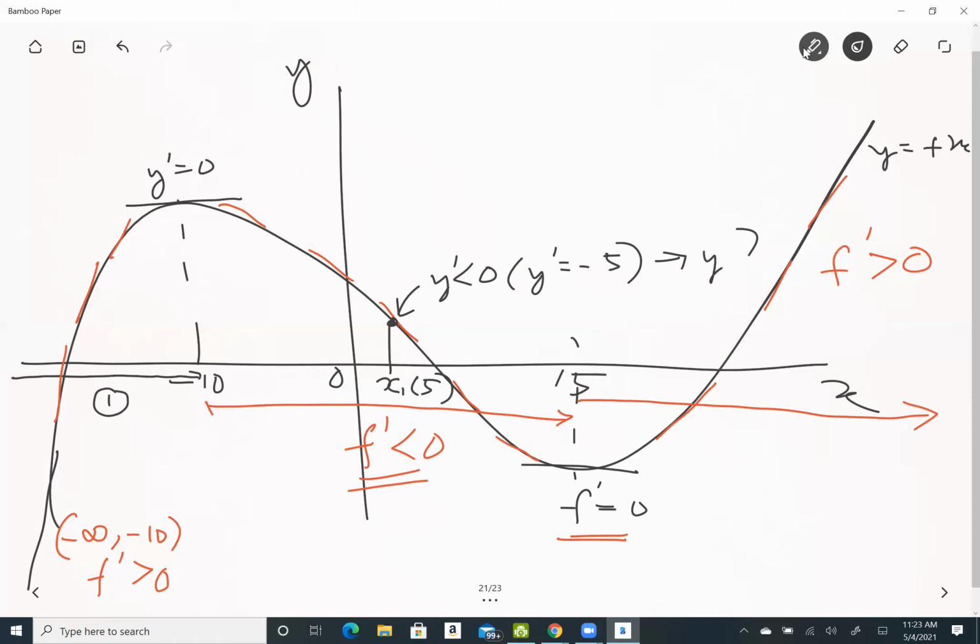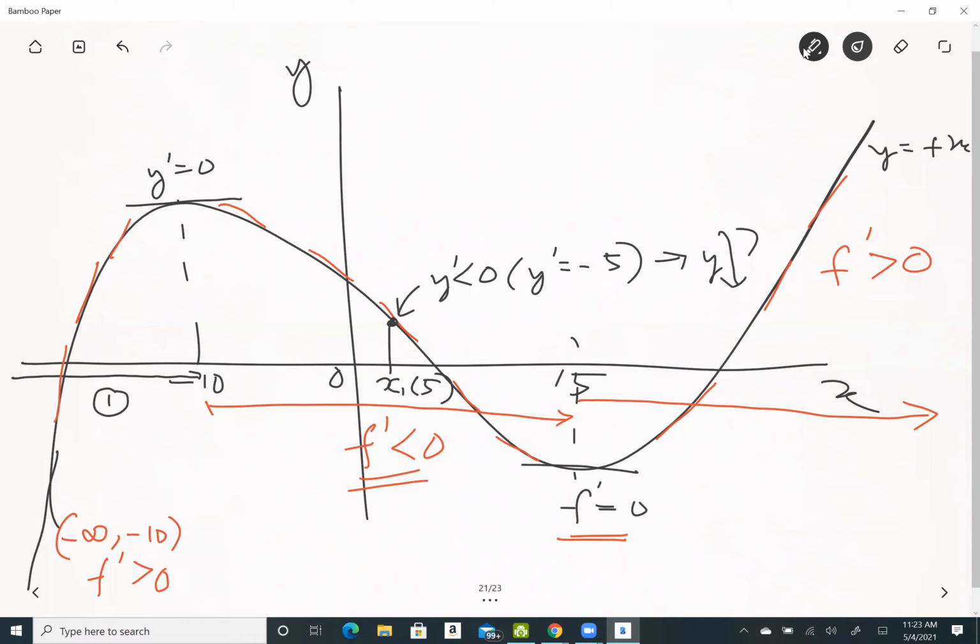So the point here is, if at any point the slope is negative, or the derivative is negative, then the function will decrease. The value of y will decrease. It comes from the definition. If x increased by a small amount, y will decrease by a certain amount.